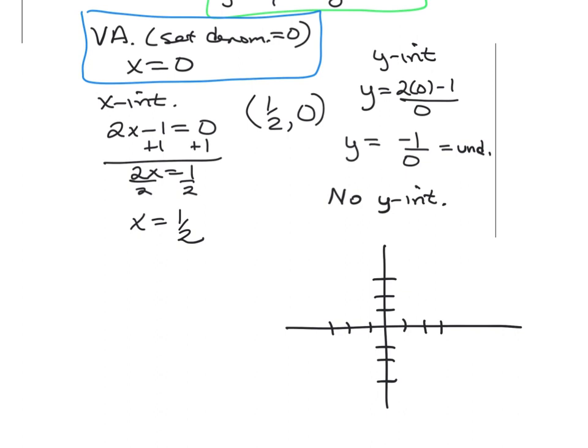So it's this horizontal line. Let me do it with highlight. It's the horizontal line through positive 2. It's the equation y equals 2. My vertical asymptote is at x equals 0, which is actually the y-axis.